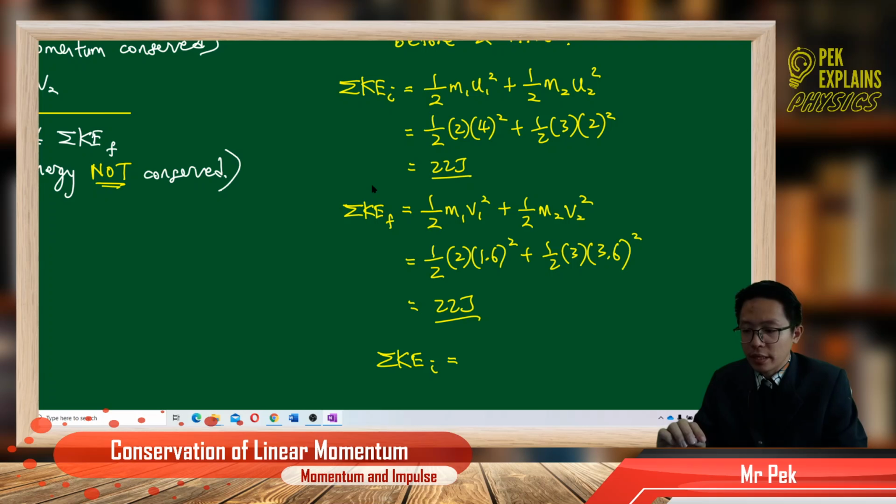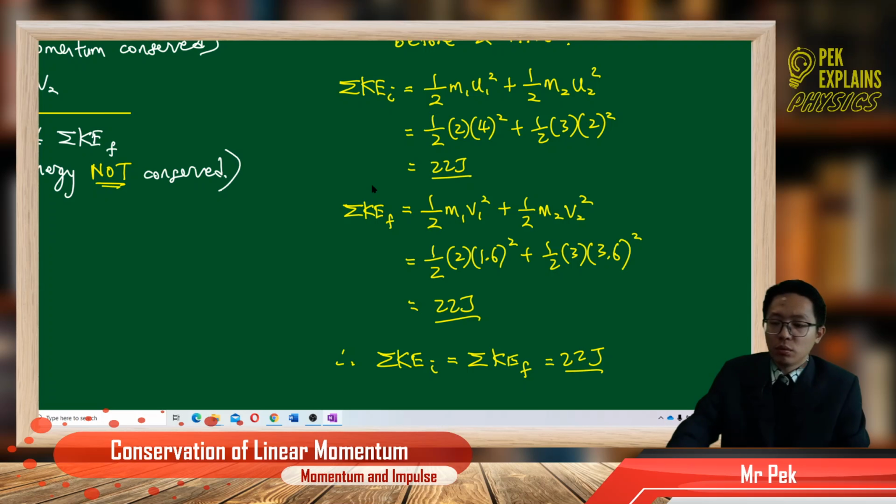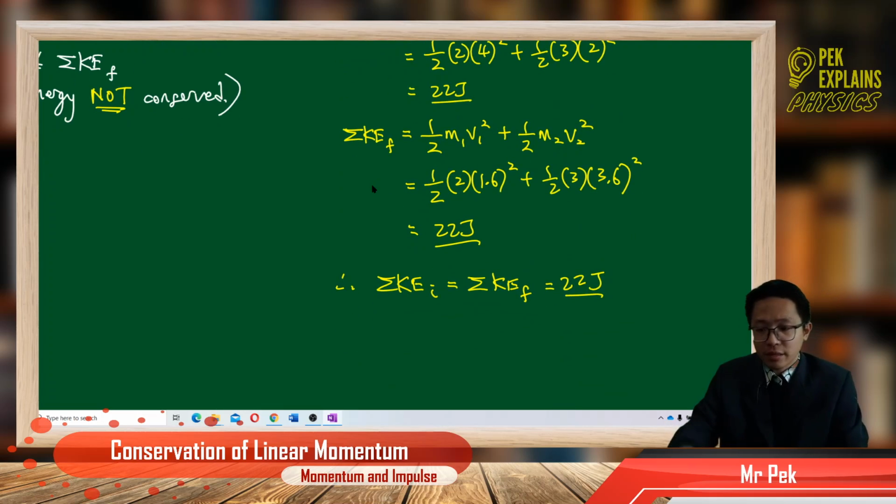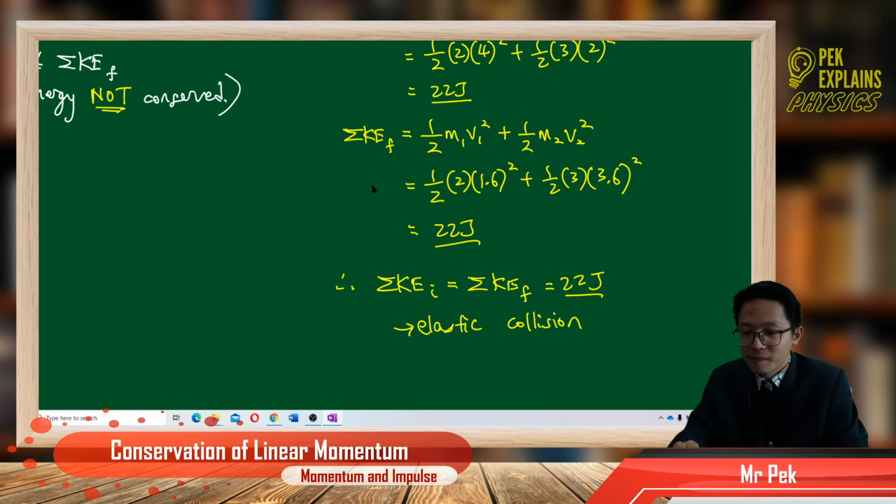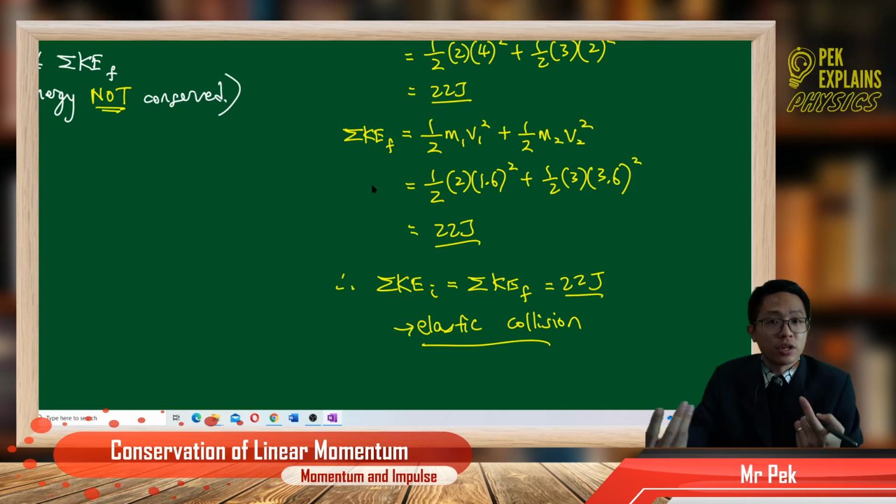We can conclude that total initial kinetic energy is equal to total kinetic energy after collision, which is 22 joule. So what does this tell you? It tells you that this is an elastic collision, because the kinetic energy before and after collision are equal, and kinetic energy is conserved.